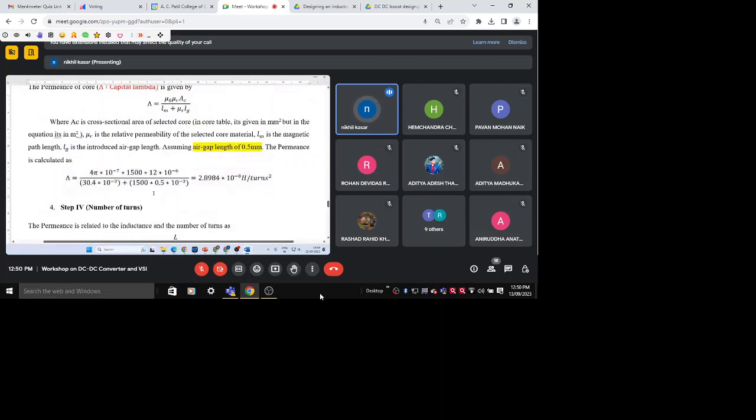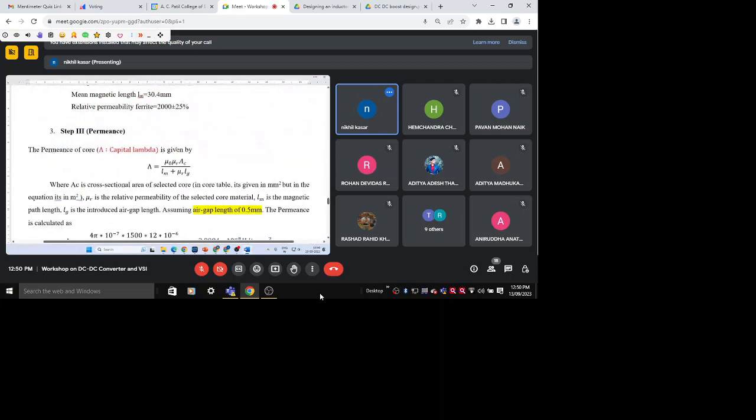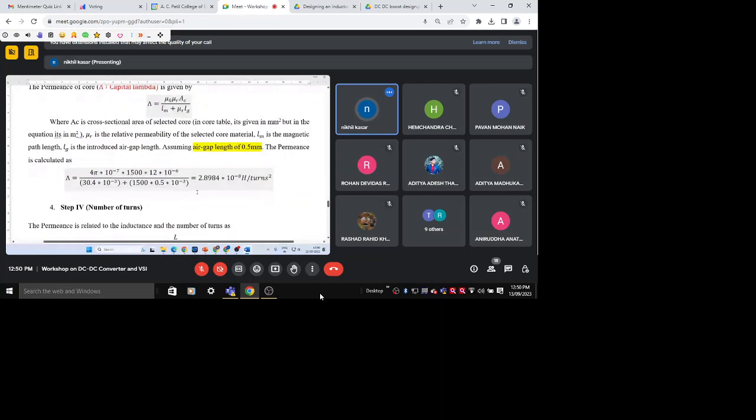Lg मतलब क्या, 0.5 मिलीमीटर, 10 raised to minus 3. This is nothing but the square conversion, millimeter squared to 10 raised to minus 6. Okay. So if you do this calculation you will get 2.8984 multiplied by 10 raised to minus 8.